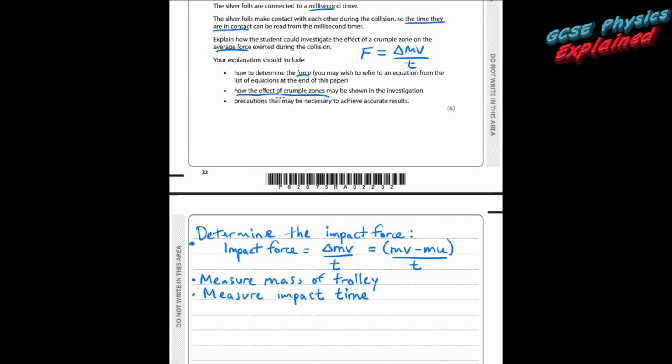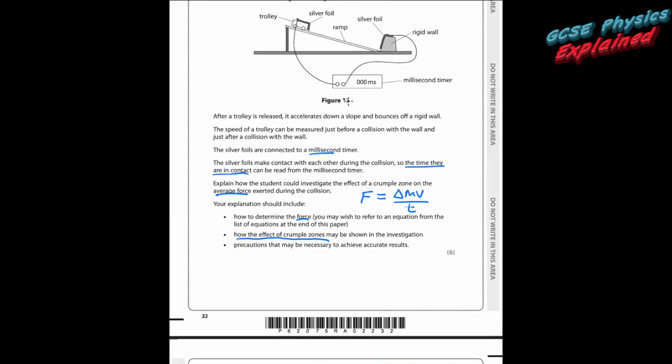Right, how to get the effect of the crumple zones. So we need to do the experiment twice. Once with the trolley without the spring and then with the trolley with the spring. And we need to note the difference in the contact times.